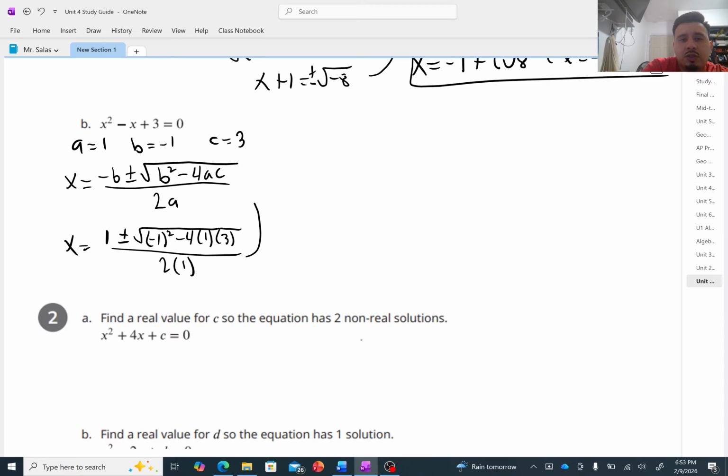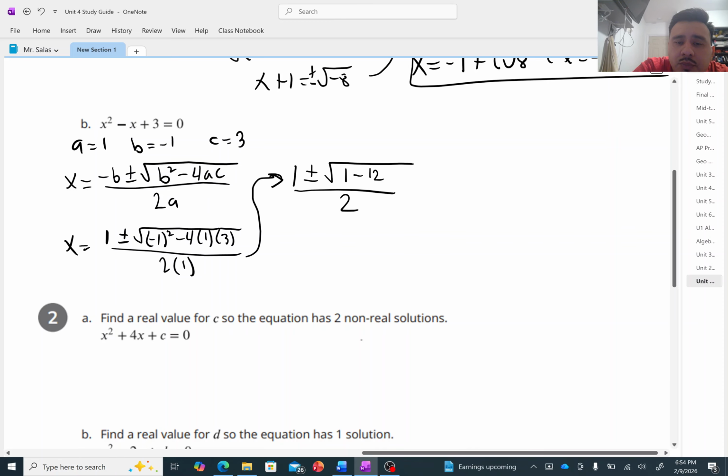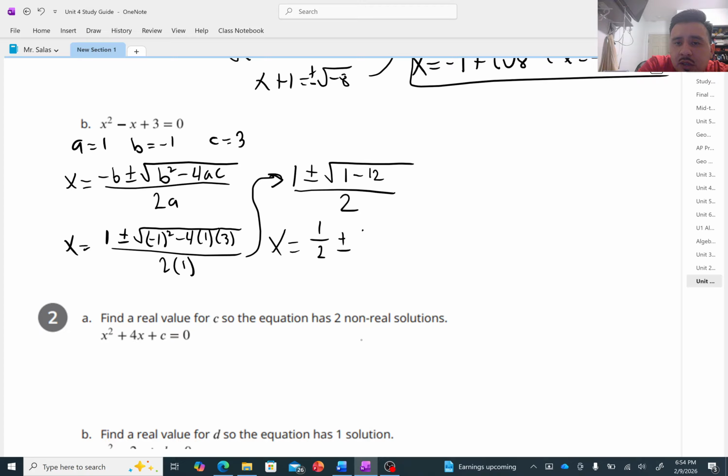Now I'm going to simplify what's under the square root, the radical. So I get 1 plus or minus the square root of, well, negative 1 squared is 1, minus 4 times 1 times 3, that's minus 12, all divided by 2. So I get x is equal to, let me split this up, 1/2 plus or minus the square root of 11 over 2.